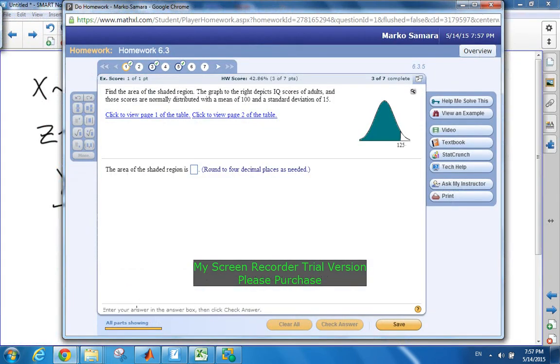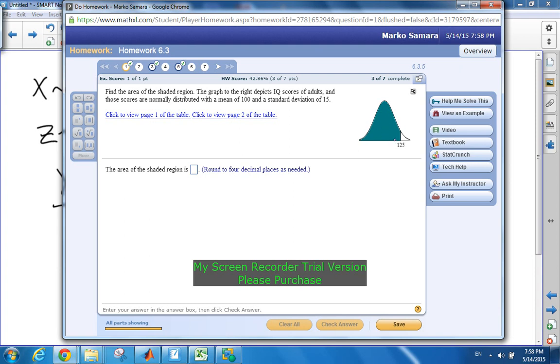Okay, now let's see examples. Problem 1 in homework set 6.3: find the area of the shaded region. The graph to the right depicts IQ scores of adults, and those scores are normally distributed with a mean of 100 and a standard deviation of 15. So we have mean 100 and standard deviation 15, and the question is, what is this area?